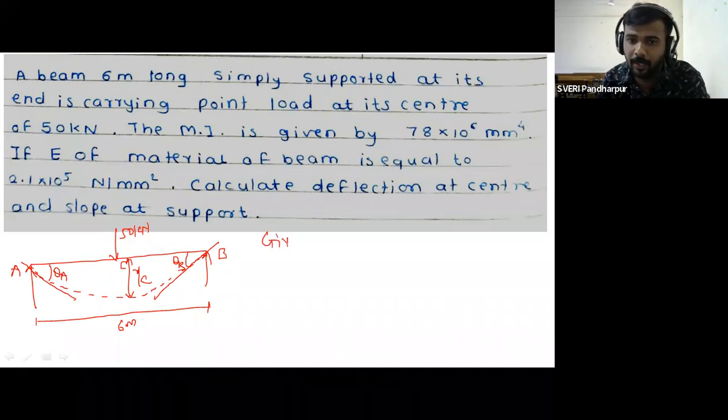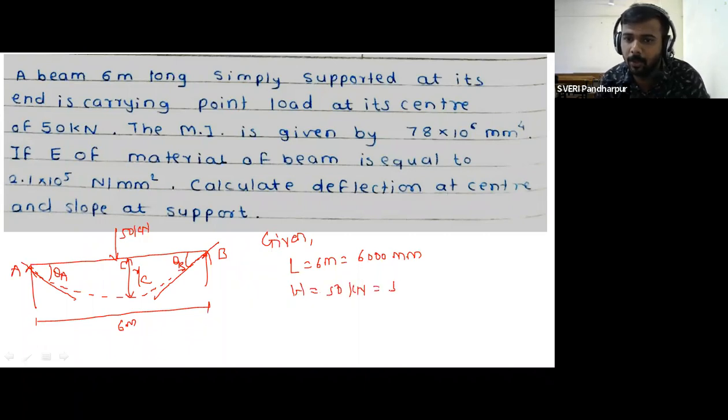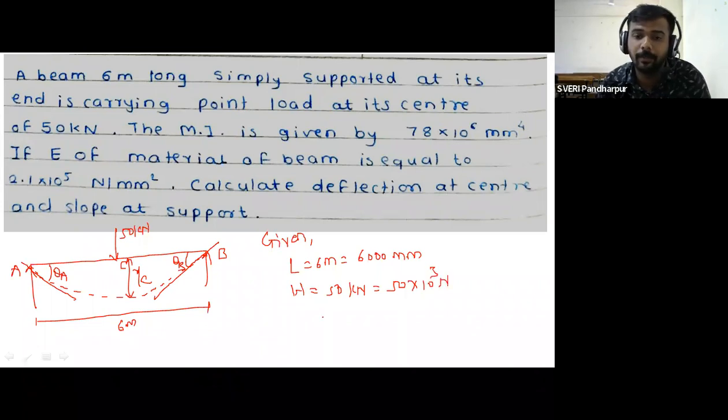So here write down all the given parameters first. So the length is given 6 meter, which is equal to 6,000 mm. W is given 50 kilonewton, which is equal to 50 into 10 raised to 3 Newton. Moment of inertia means your I value is 78 into 10 raised to 6 mm raised to 4.